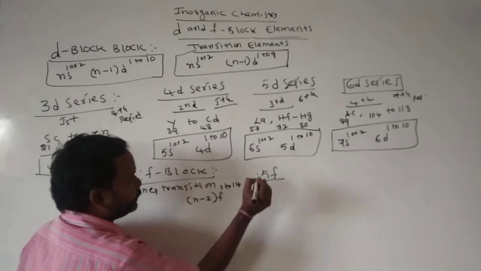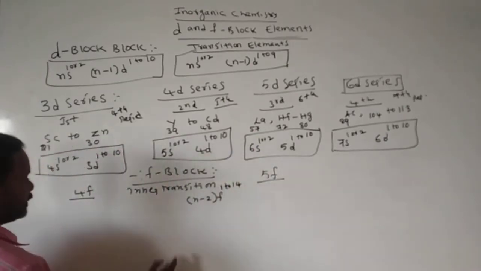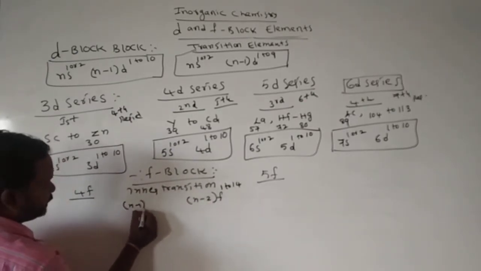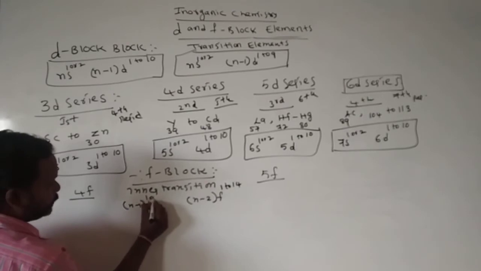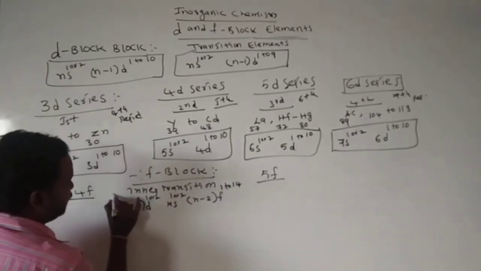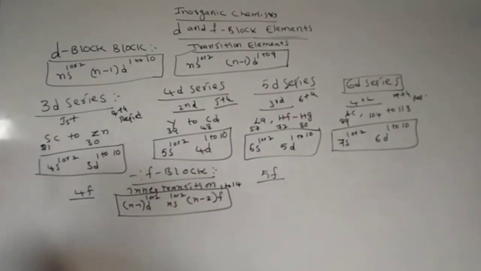That means we have 14 elements present in the F block. So n-2 F 1 to 14, n-1 D 1 or 0, ns 1 or 2. This is the general electronic configuration of F block elements.